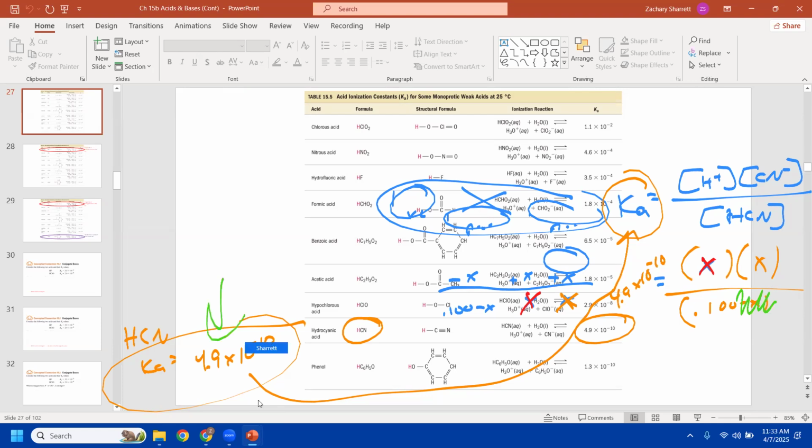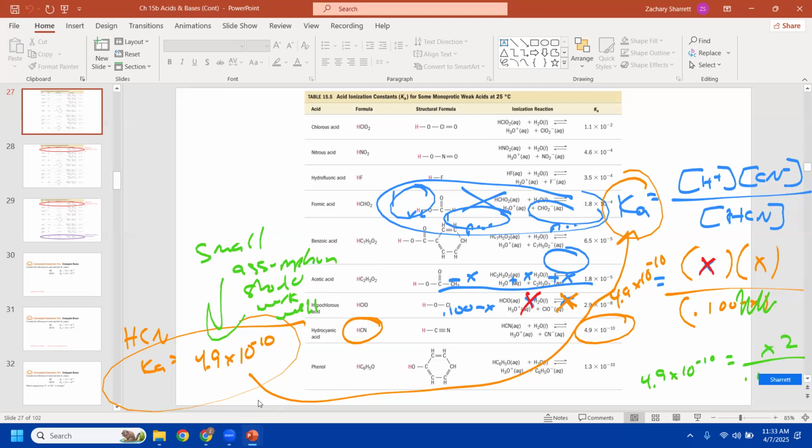And because this number is small, the assumption should work well, right? So now we could solve and say 4.9 times 10 to the negative 10 equals x squared over 0.1. We bring the 0.1 over.